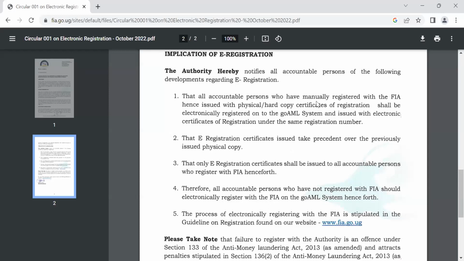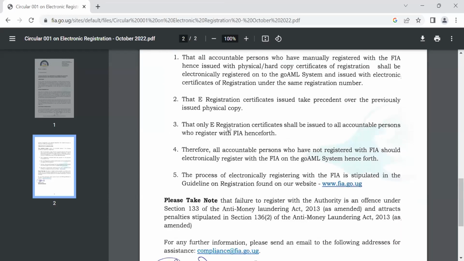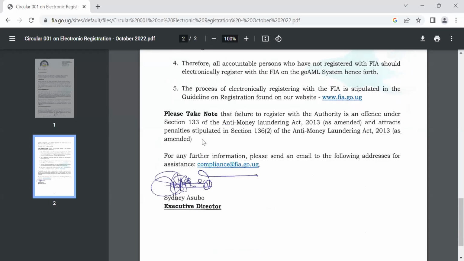If you're manually registered with FIA, you have to register electronically on the goAML system, and the e-certificates you get will take over the physical copies. Those registering for the first time will just get the e-copies.